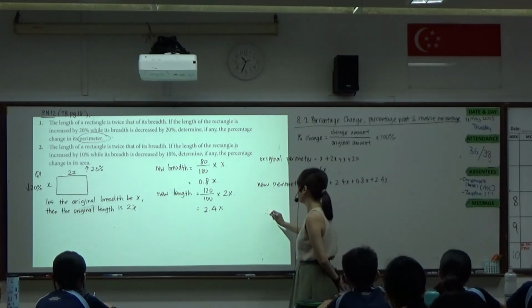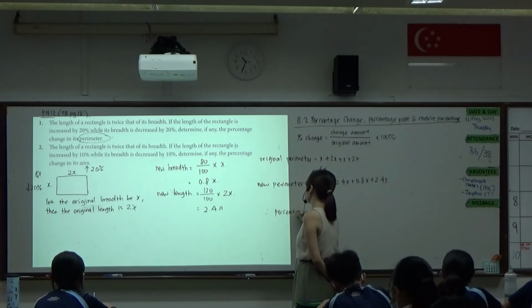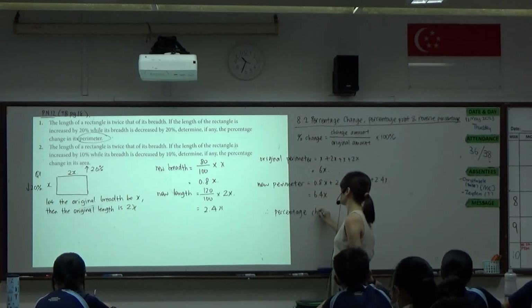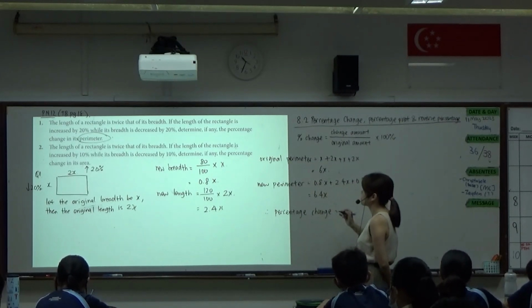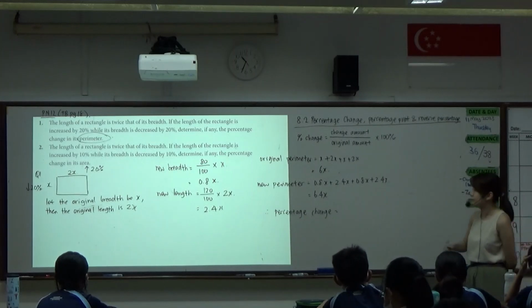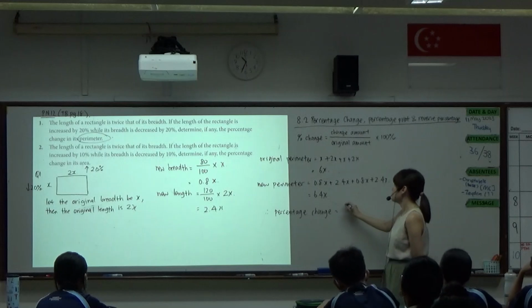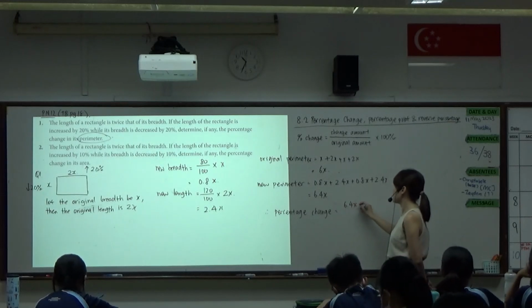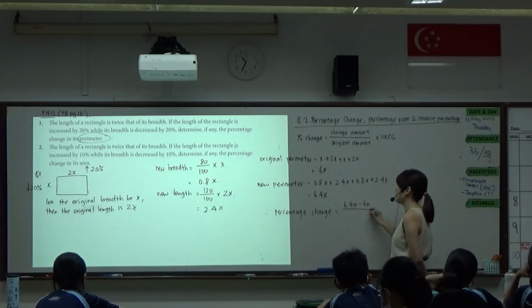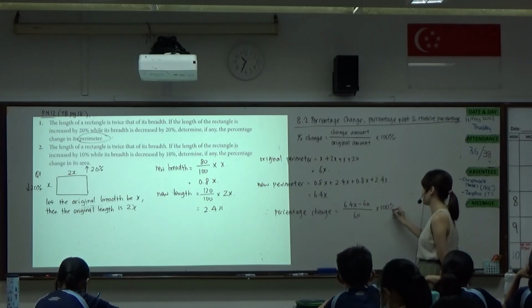And therefore, the percentage change. In fact, we know there is a percentage increase because the perimeter is now larger than the original. That will be 6.4x minus 6x over the original 6x times 100%.